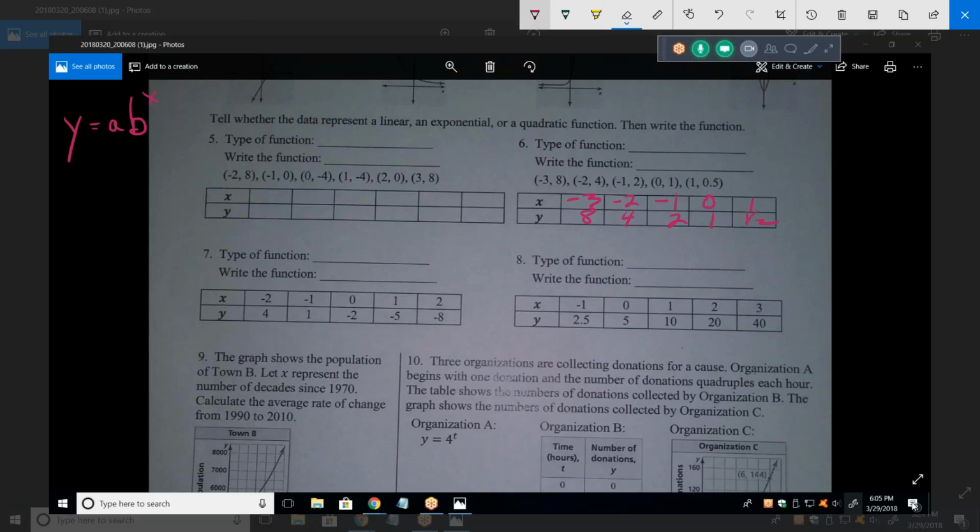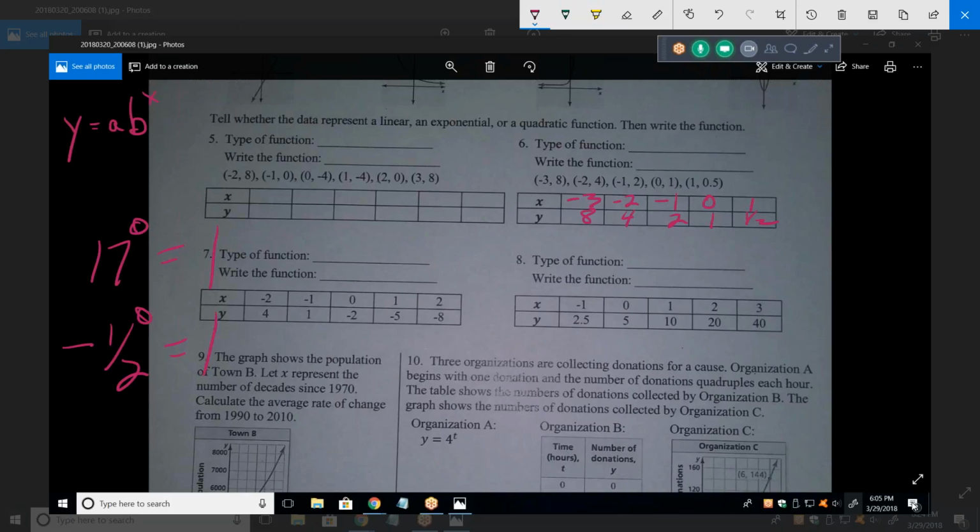Now, here's the other really clever trick you can use with exponentials: when x is 0, what is y? X is 0. Now tell me, what's that equal to? Anything to the 0 is 1. What's that equal to? Is that also 1? Or is that negative 1?